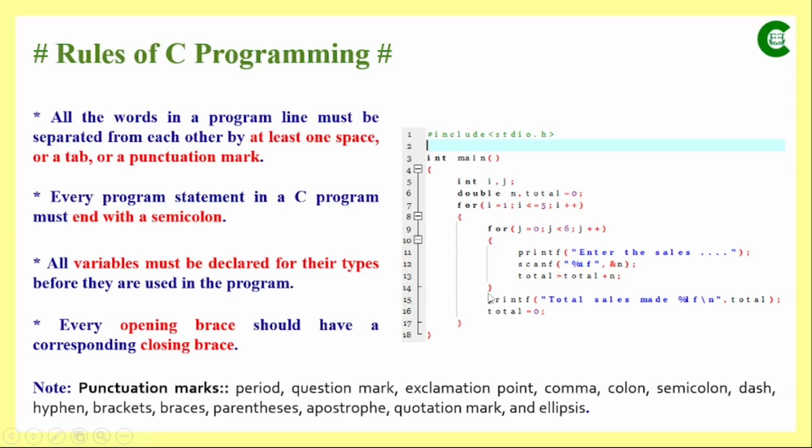And within that set of braces, whatever lines we have written here is the main logic for this for loop. But these two lines are not part of this for loop, as these two lines have been written outside this closing brace. But since these two lines have been written within this set of braces, these two lines are part of this for loop.